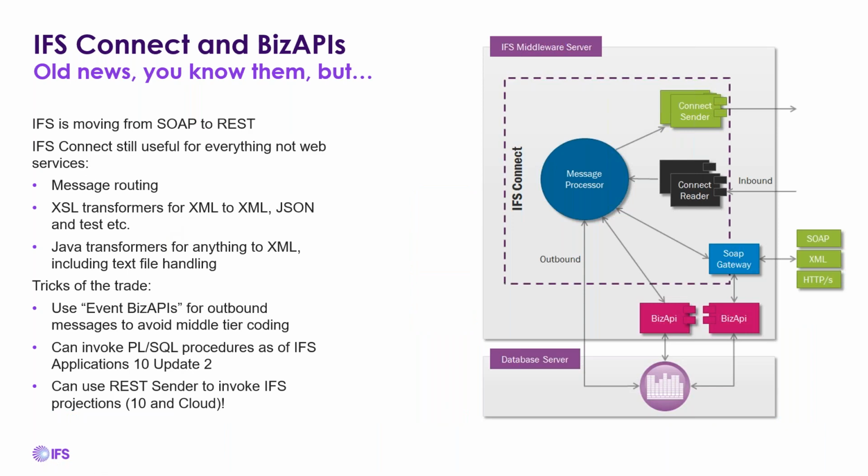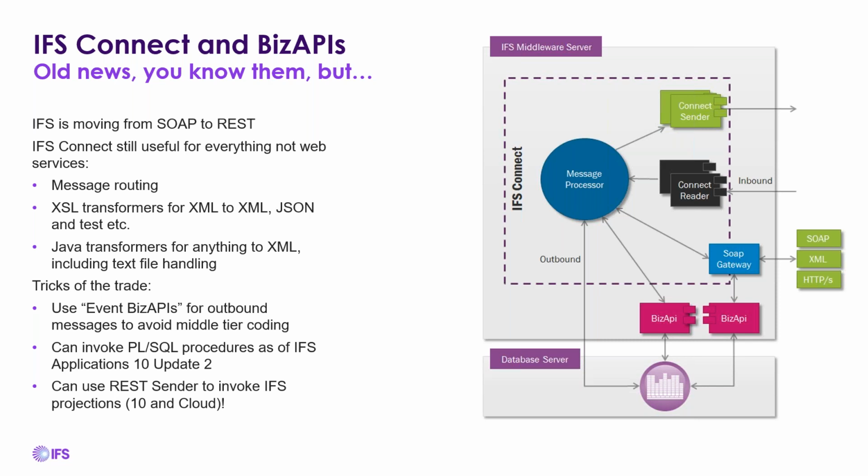I'm not going to talk too much about our old IFS Connect and our old BizAPIs, assuming that it's not news and you're used to them and know them; else there is plenty of material on them in the online technical documentation. Just be aware that IFS is moving away from SOAP towards REST and new projections. So if you're on Applications 10 and have a choice to go SOAP or REST, I would lean towards REST.